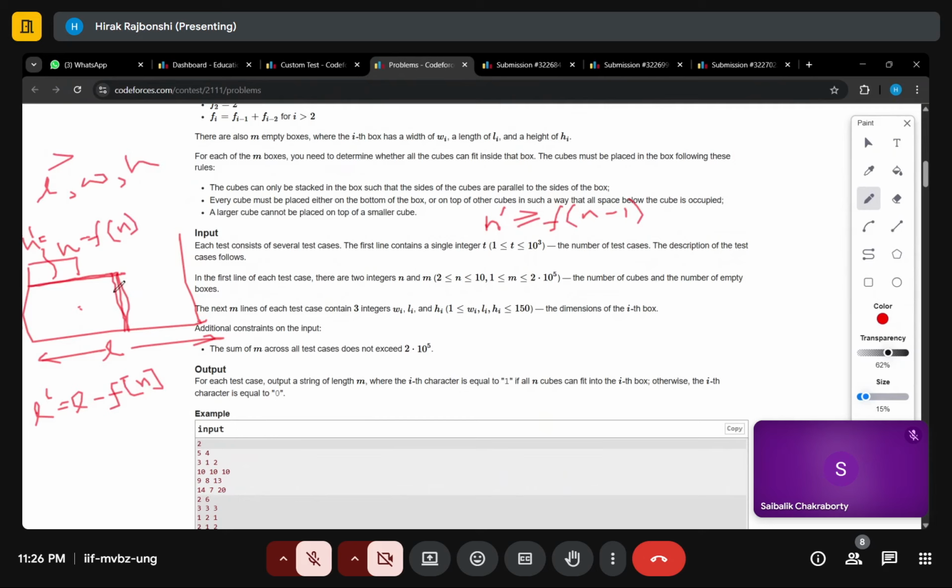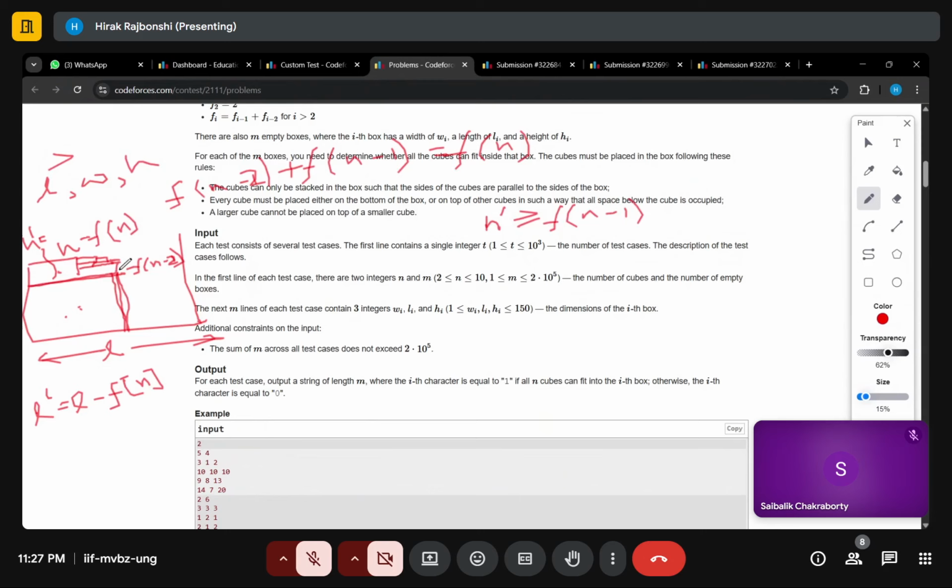Then for Fibonacci numbers, since f of n minus 2 plus f of n minus 1 equals f of n, in this space we can place the f of n minus 2 box, right? Then again 3 and 4 can be placed here, like 3 will be equal to this and 4 will be equal to this. If after placing the first block the second block can be placed here, then the answer will directly be true, right?